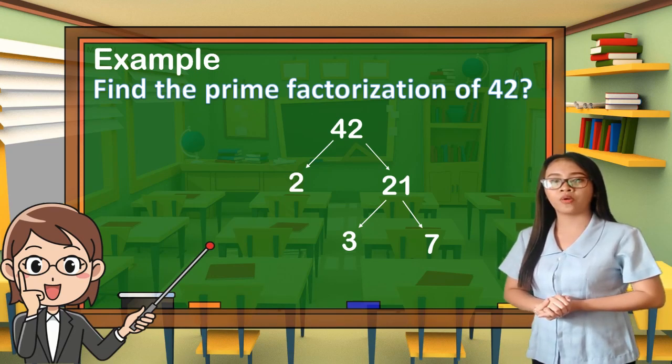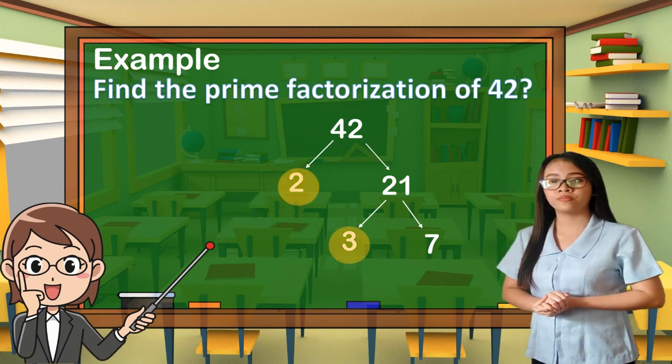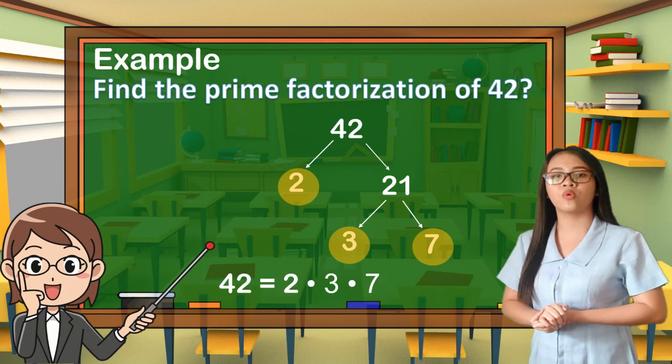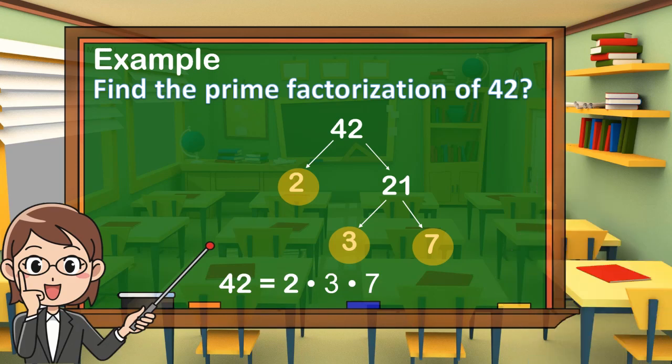So now we have our prime numbers, which are our prime factors: 2, 3, and 7. And we can list it as 42 is equal to 2 times 3 times 7.